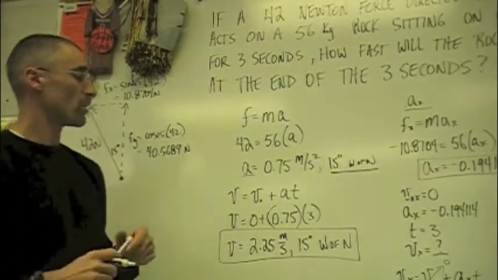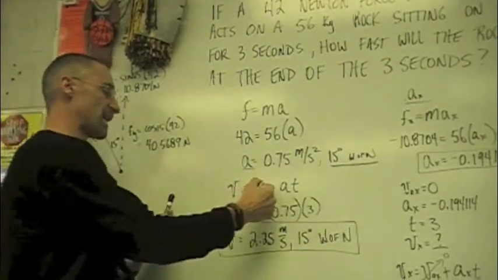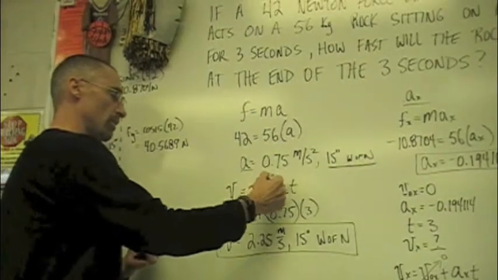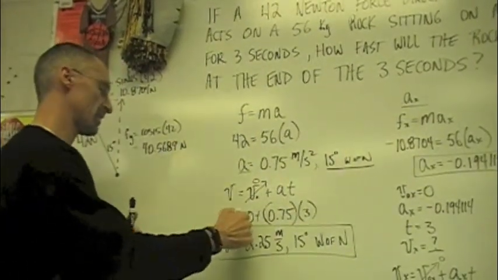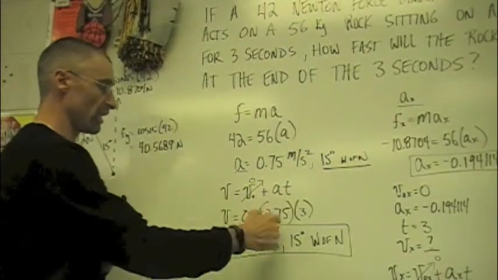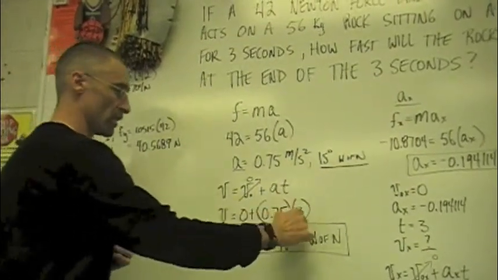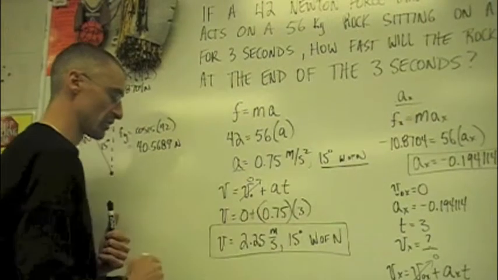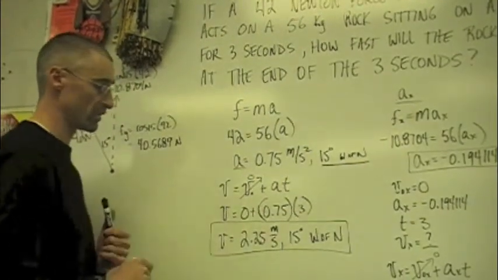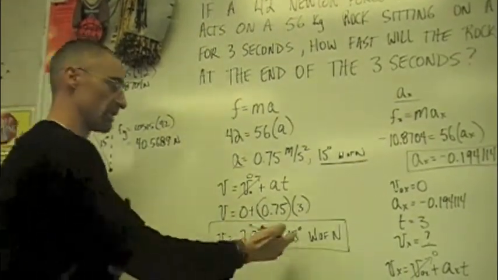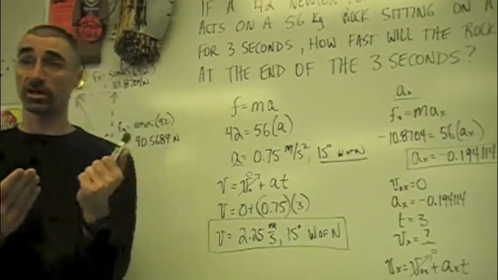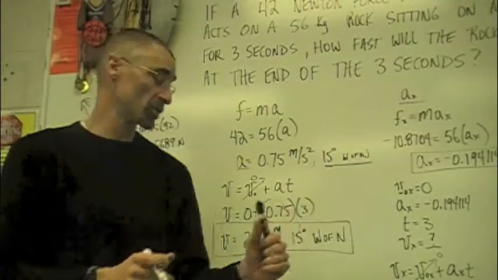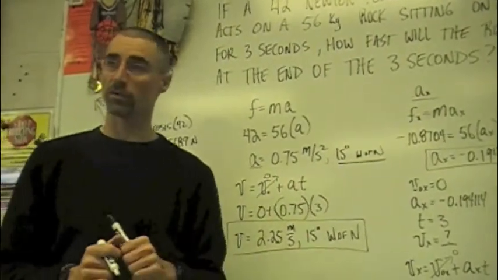Now, guys, knowing that our initial velocity is 0, that goes away, and we can calculate our velocity by taking v equals v naught plus at. We know the acceleration, we know the time. If you multiply those two together, you get a velocity of 2.25 meters per second, and the direction it's going to be going is in the same way that you were pushing it, which is going to be 15 degrees west of north.